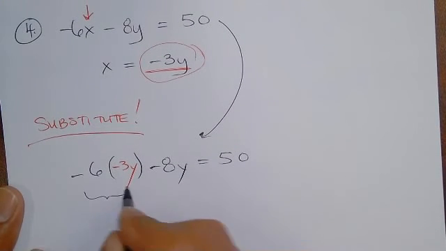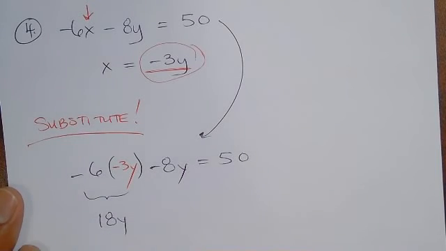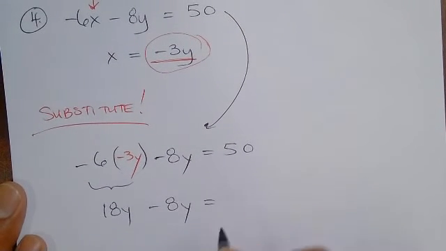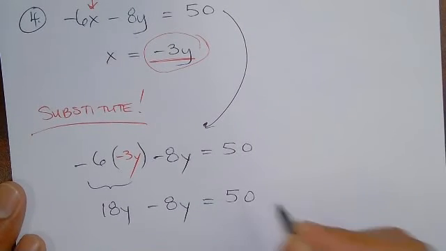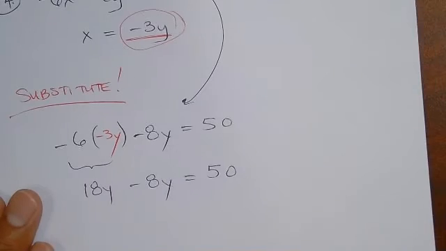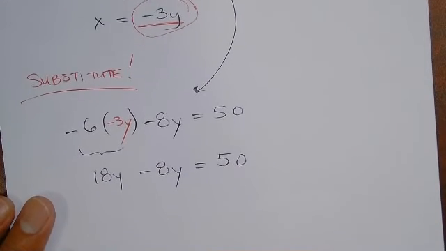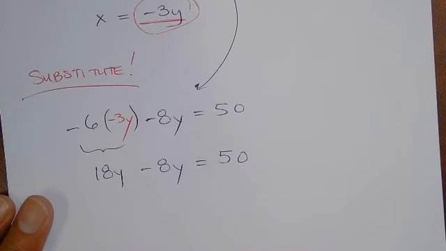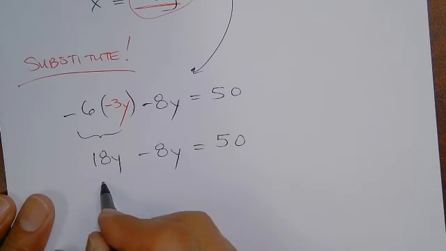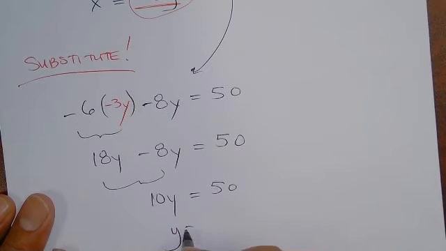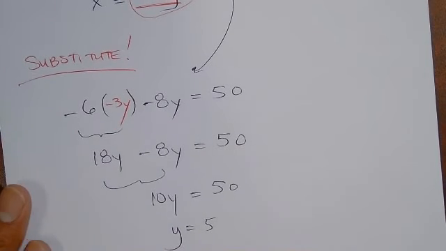That's going to give you negative 6 times negative 3y, positive 18y, minus 8y is equal to 50. And that's going to be 18y take away 8y, 10y is equal to 50. Here it is, y is equal to 5.